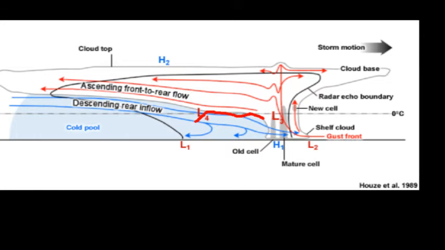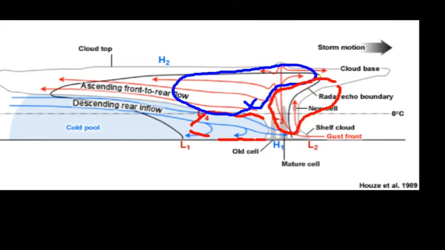So this is going to have a lot of reflectivity right here. And then the part of the updraft where we have condensation of precipitation, that's also going to show up on radar there. The part of the updraft with the smaller particles here is not going to show up quite as well. So this is going to be, I guess you might say, a rain-free area, a weak echo area.